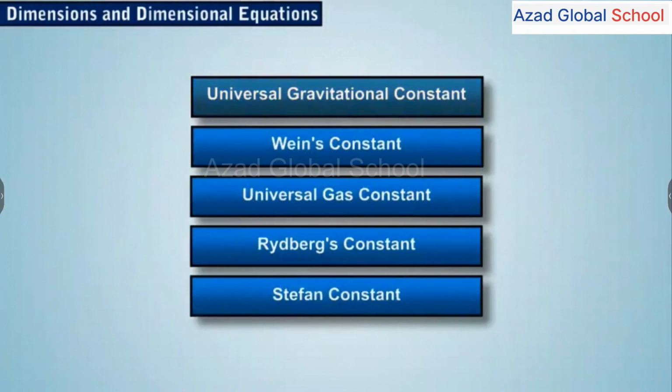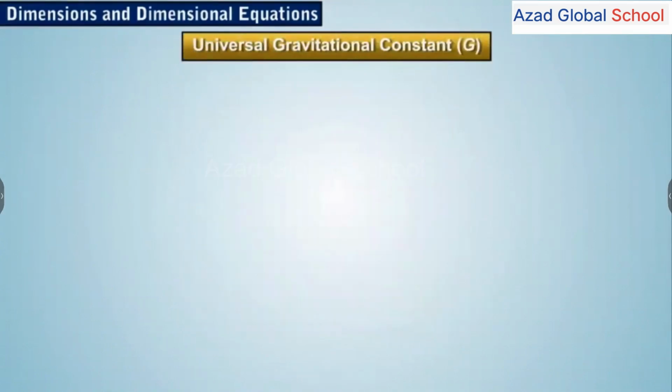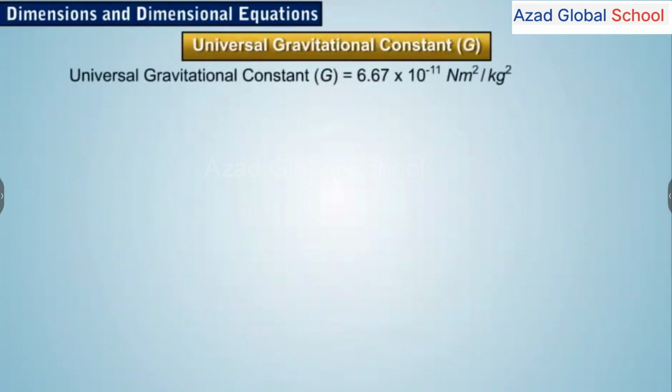We also have certain physical constants, each of which has a unit, as well as a dimensional formula. For example, the universal gravitational constant G is a constant whose value is 6.67 × 10^-11 Newton meter square per kg square, and is denoted by the expression G equal to force F into distance d square by mass m square.